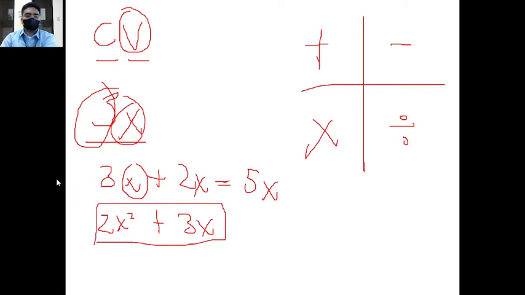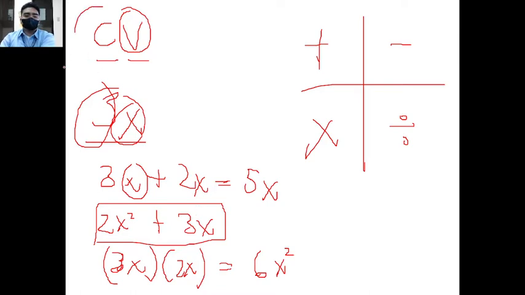Alright, so if we are going to multiply two expressions just like 3x multiplied by 2x, what do you think will be the answer? The answer would be 6x squared. So what did you notice? Your coefficient was multiplied to the other coefficient, isn't it?